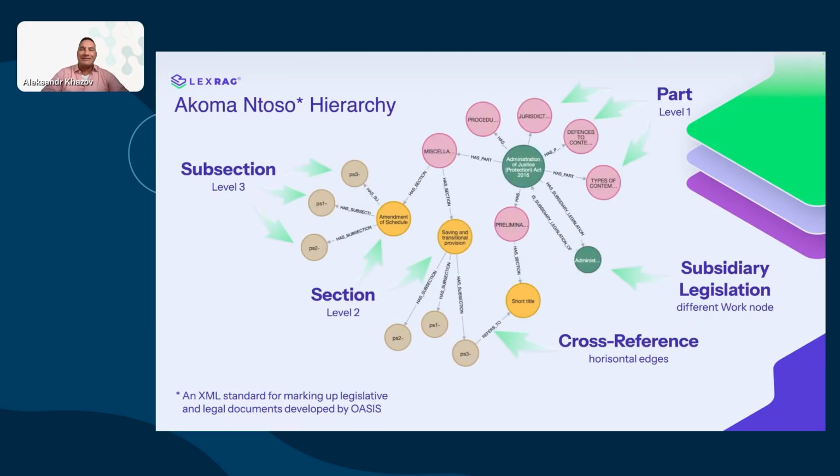The other interesting concept we use with modeling law in our graph is the Akoma Ntoso ontology or XML standard, which is also developed by Bologna University for being used in European legislative practices.